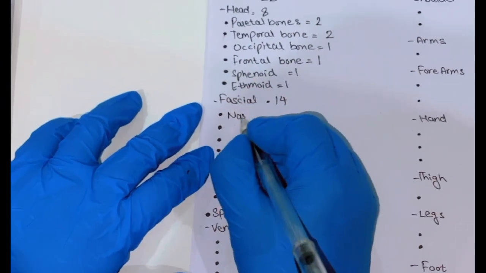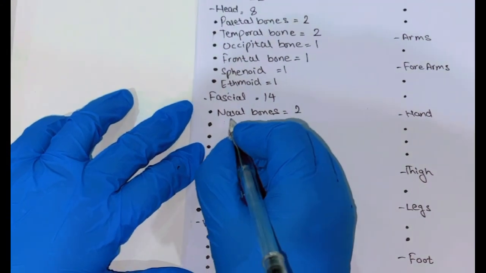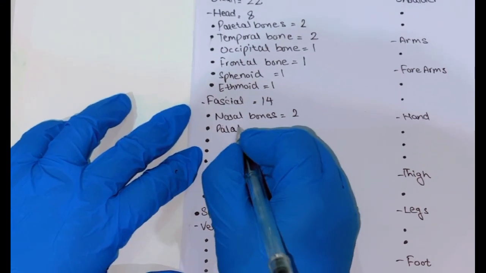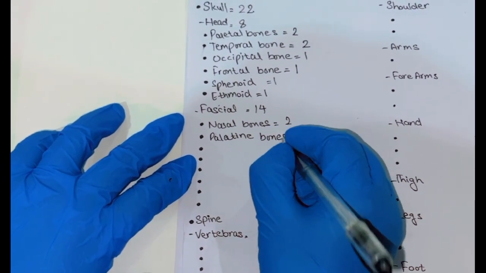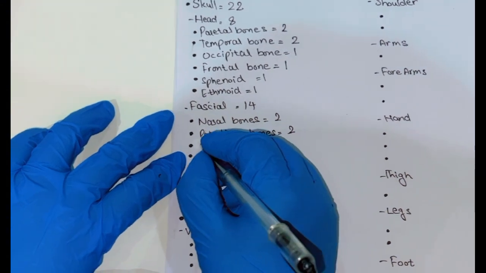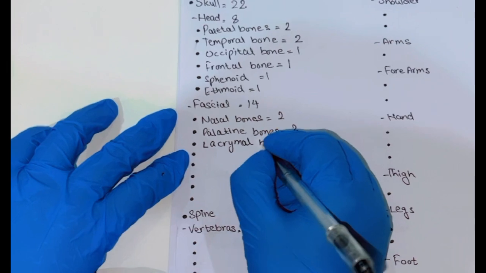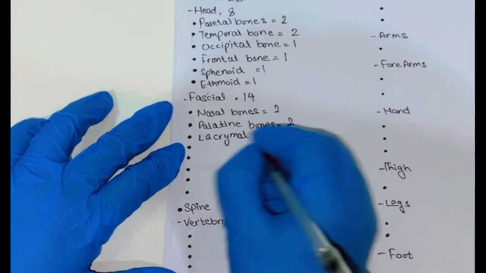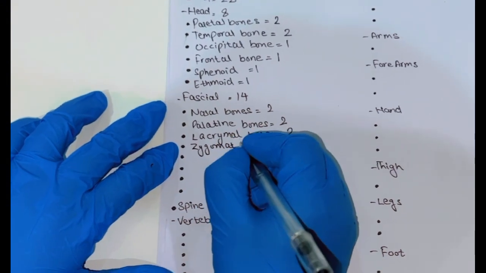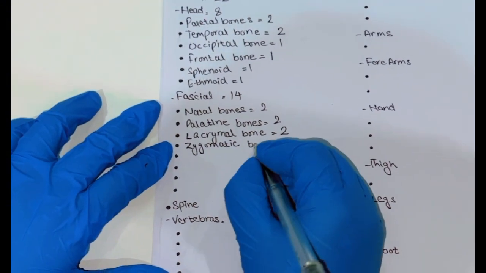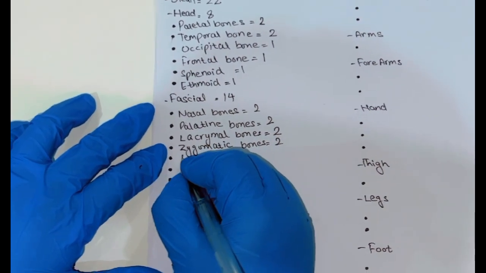Next is facial. First is the nasal bone, 2 bones, one on the right side and one on the left side. Next are the palatine bones, 2. Next are the lacrimal bones, they are also 2. Next are 2 zygomatic bones. Next are 2 maxilla.